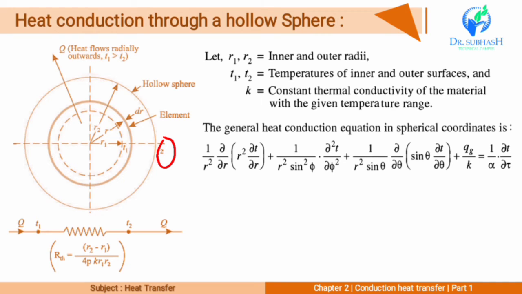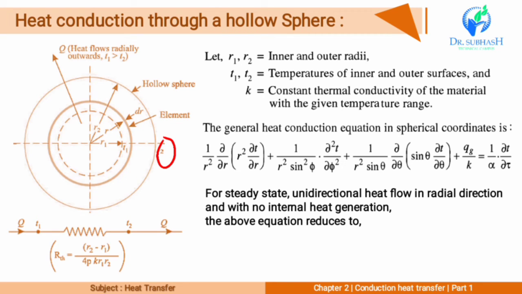So the heat conduction equation in spherical coordinates is equal to 1 upon r square del by del r into bracket r square del T by del r, plus 1 upon r square sin square phi into del square T by del phi square, plus 1 upon r square sin phi into del by del phi into bracket sin theta del T by del theta, plus qg by k is equal to 1 upon alpha del T by del tau.